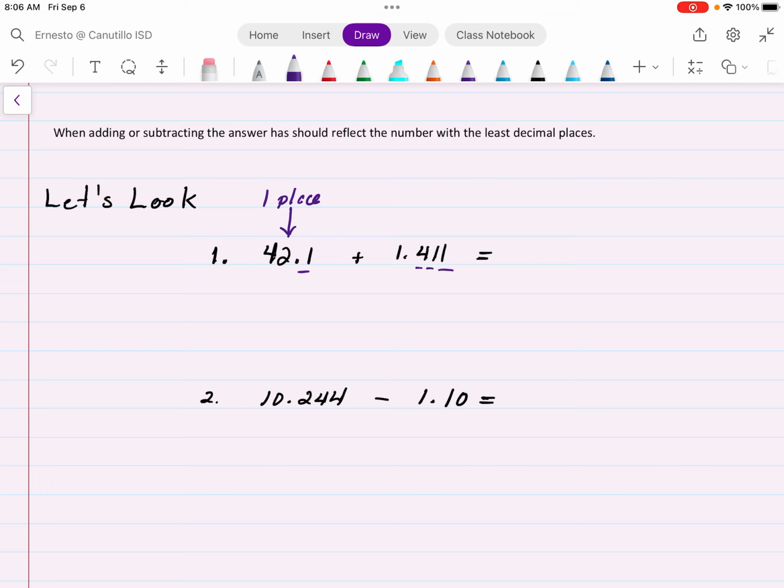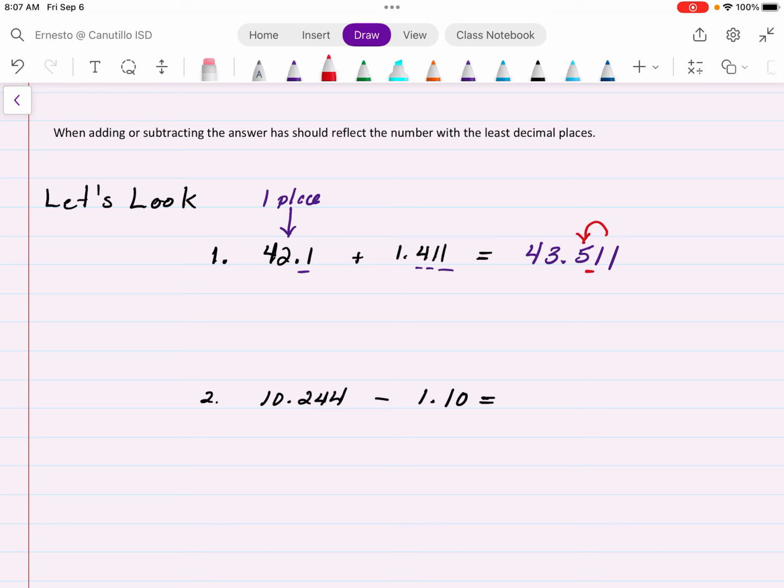So what happens when we put this into the calculator? You really don't need a calculator, but let's just go ahead and do it. So when you add these two numbers exactly as they are, you're going to end up with the answer 43.511. Now, we've already said that we can only go to one decimal place. So what I am going to do is take this number and use this one to round this number.